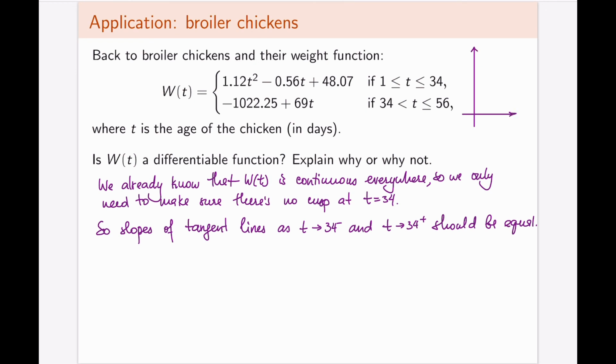I know that at 34, I'm going to go from a parabolic to a linear behavior. So this is a parabola, and this is a line. And I, in fact, even know the point of connection because we calculated it in the last slide.